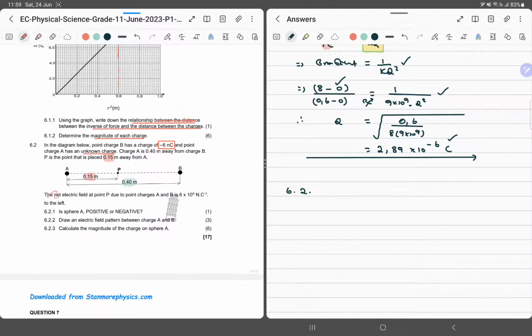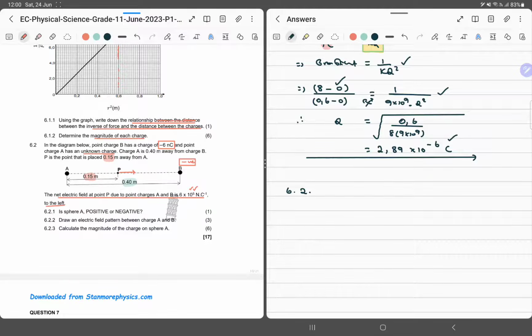Okay, now it says the net electric field at point P due to point charges A and B is 6 times 10 to the exponent 5 newtons per coulomb to the left. So now what is going on here? If this is already a negative charge, it's already negative. So that means the electric field lines are going towards B, right?